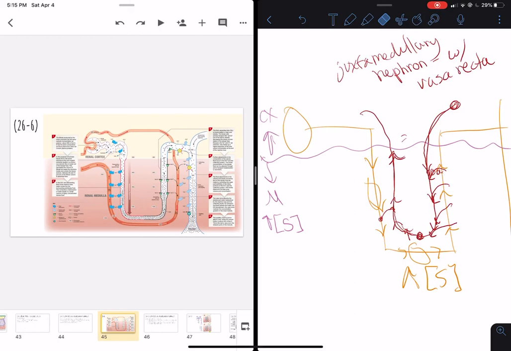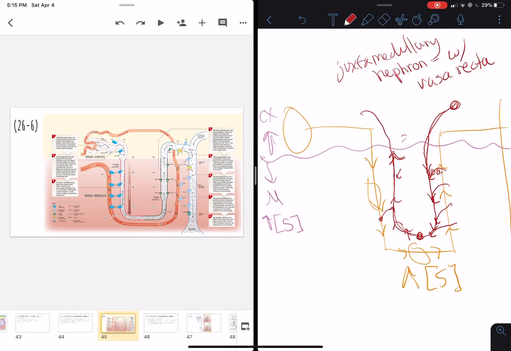This is why the descending limb is also specifically only permeable to water. It will only let water go in and out, so that we can help dilute this vasa recta as much as possible.